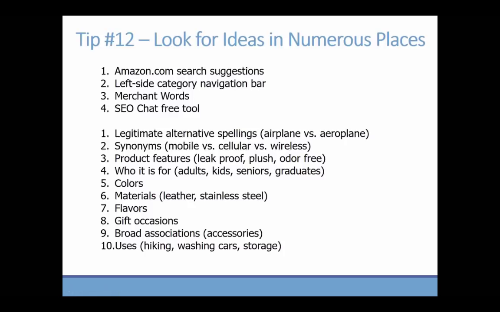Look at the left side category navigation bar. After you type in desktop calculator, look on the left side. You get a lot of great information on the left side when you type in those particular search terms. So check that out and see if you get ideas. Merchant Words, not to be confused with Marketing Words.